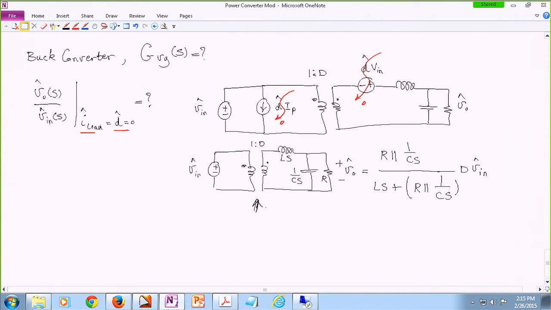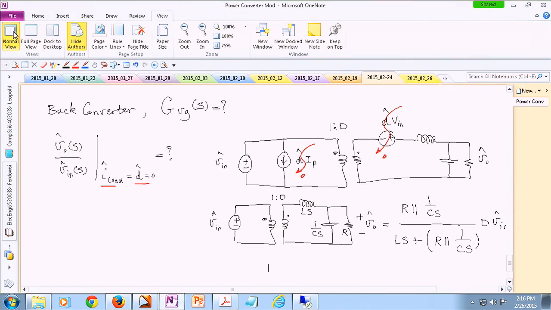You have to solve it using the impedance network. It's a voltage divider, so we ended up with a GVG of R in parallel with 1 over CS, over LS plus the same network, times D.